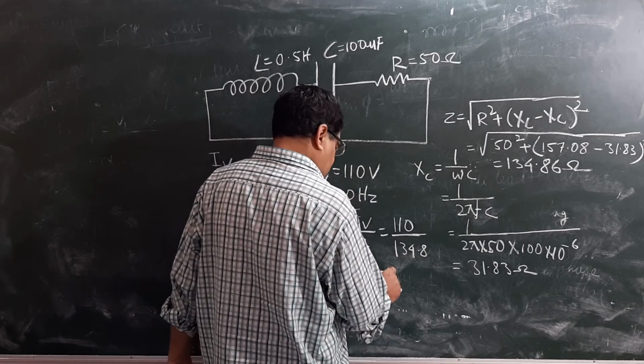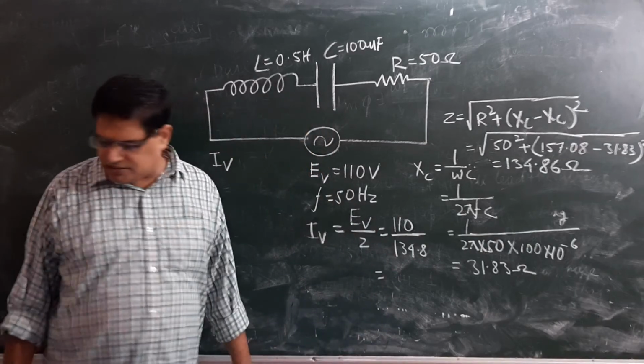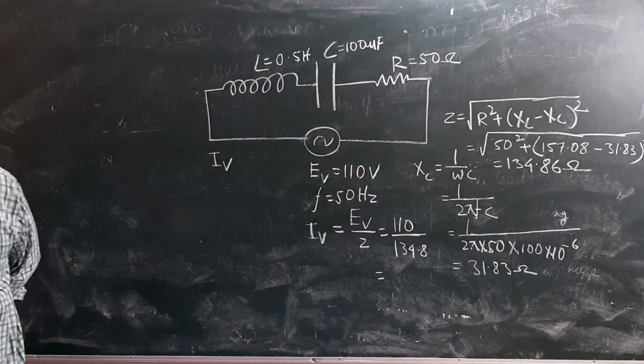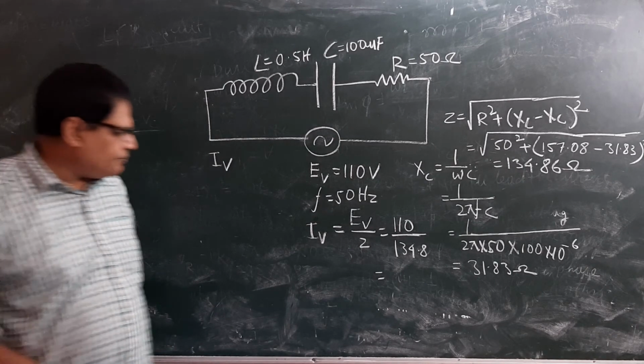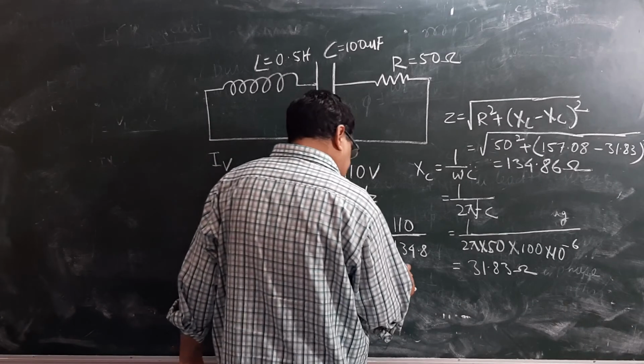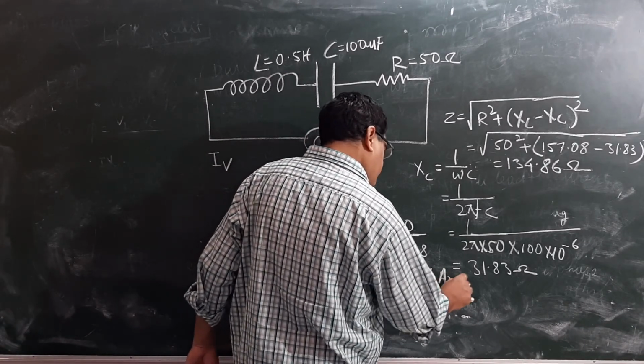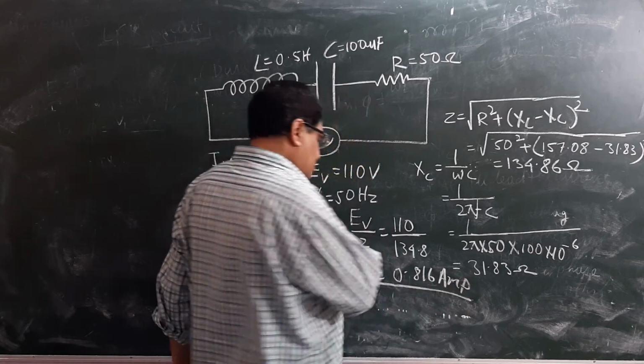So if you calculate this, you will get the value of I. The value of I is 0.816 ampere. So that gives us the final value.